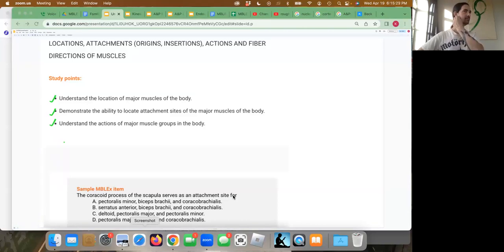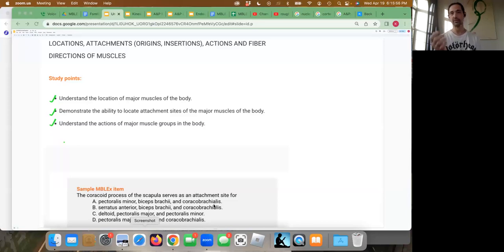However, there may be some clinical value in that. But if you know, for example, that the pectoralis minor attaches there, and if you know that the name coracobrachialis means coracoid on one end, an attachment at the coracoid and an attachment at the brachia bone.